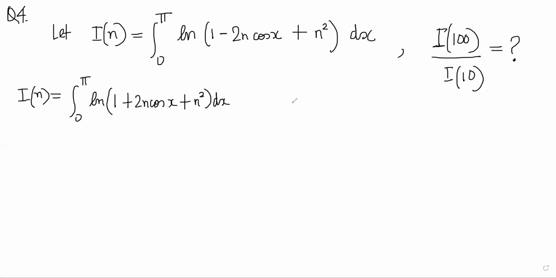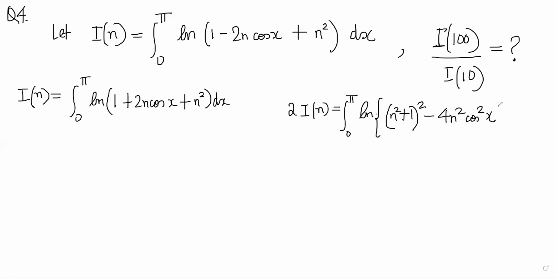If you add, you'll get 2I of n is equal to the integral from 0 to pi of ln of this plus ln of this. So product. Product of the two. So ln inside will become n square plus 1 whole square minus 4n square cos square x, right?